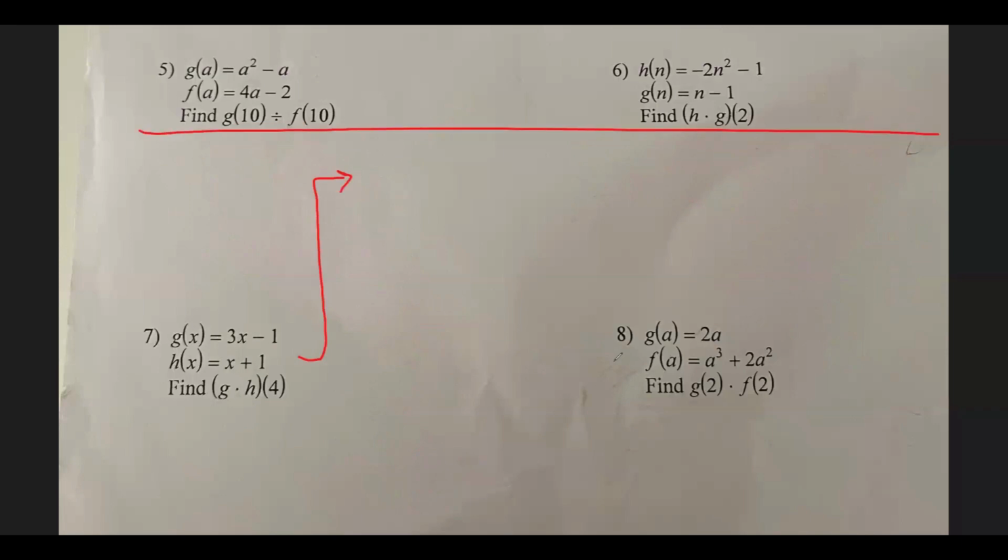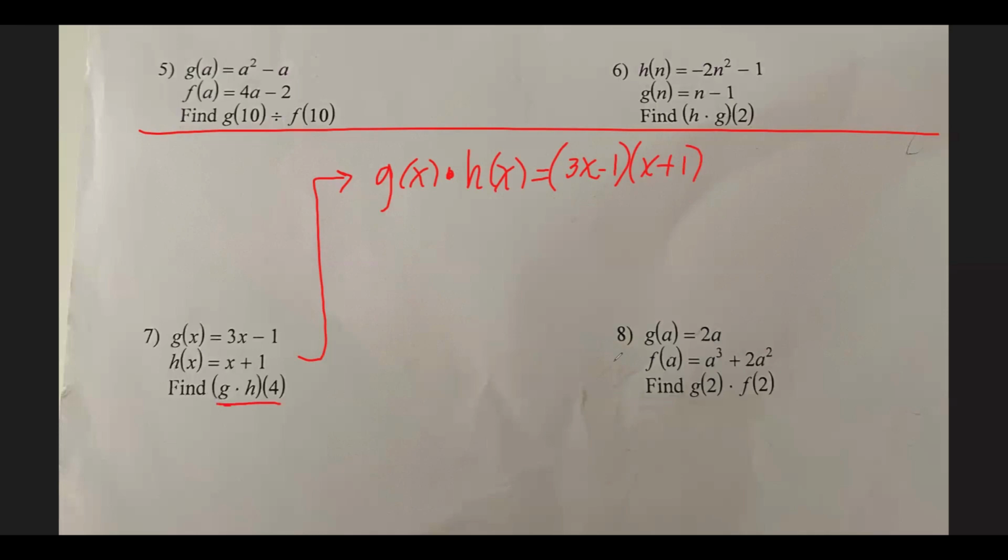So it's multiplication, same with number 6. What you will do is start with g of x times h of x is equal to, your g of x is 3x minus 1 times x plus 1.